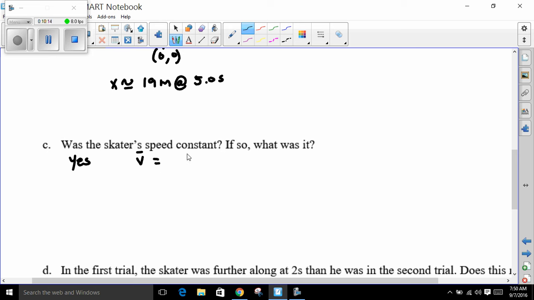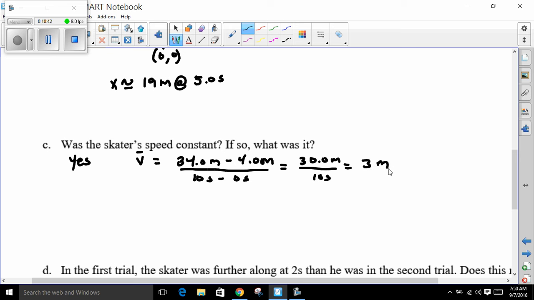This would be 34 meters minus 4 meters divided by 10 seconds minus 0 seconds, and that's going to equal 34 minus 4 is 30 meters divided by 10 seconds. It's going to be 3 meters per second.